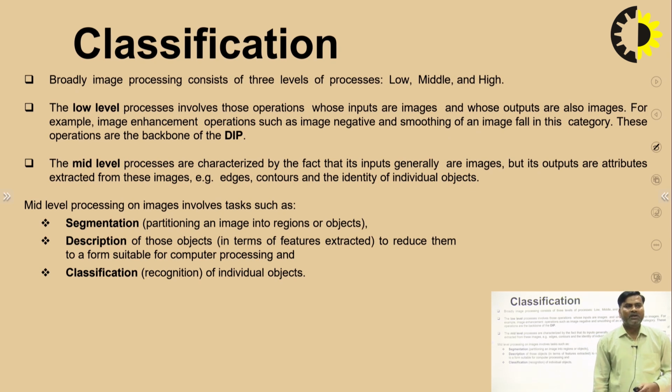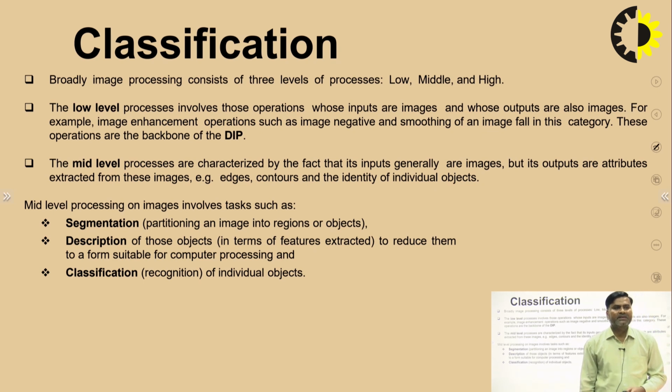In mid-level processing, our inputs are generally images, but our outputs are attributes extracted from the images, like edges, contours and identity of individual objects. There are several tasks such as segmentation, description and classification.